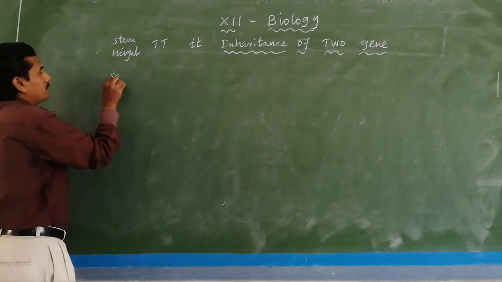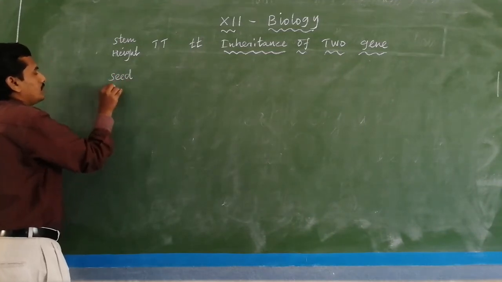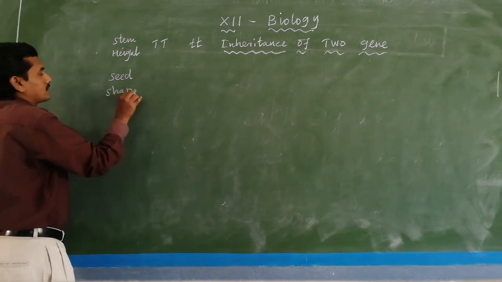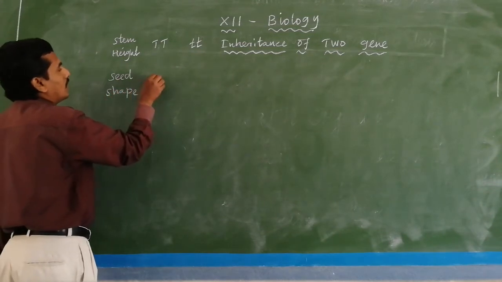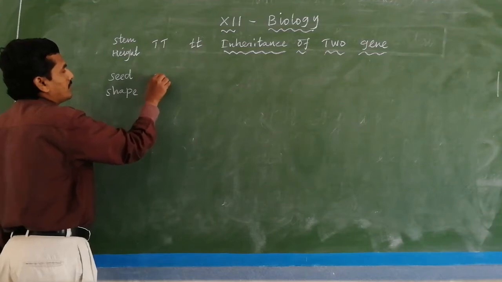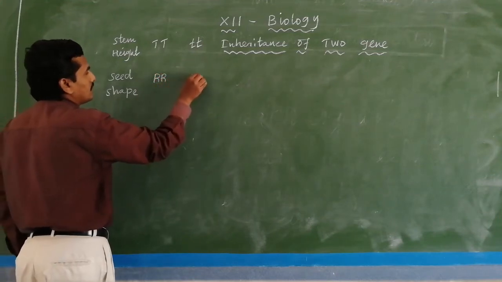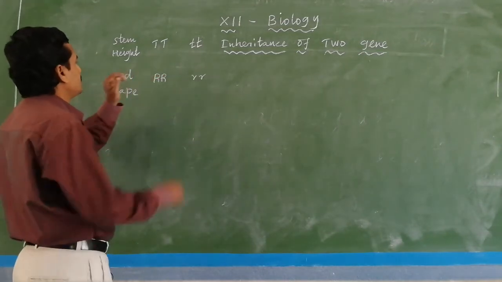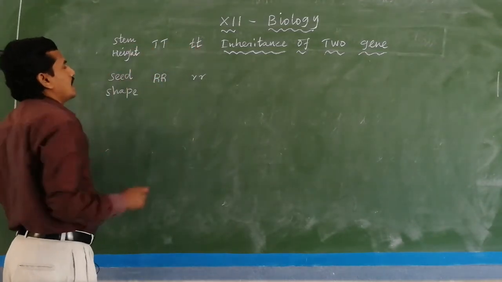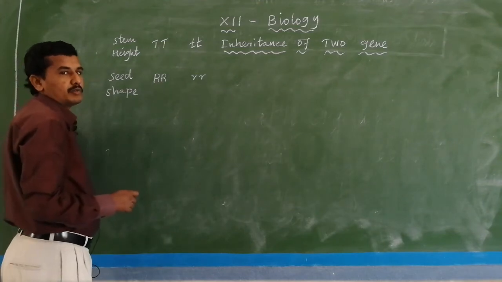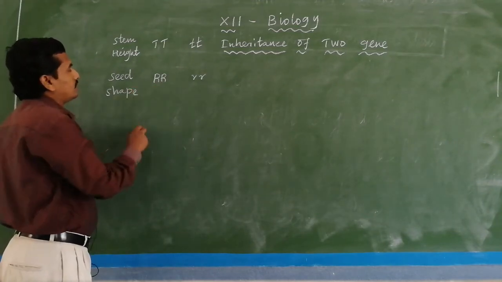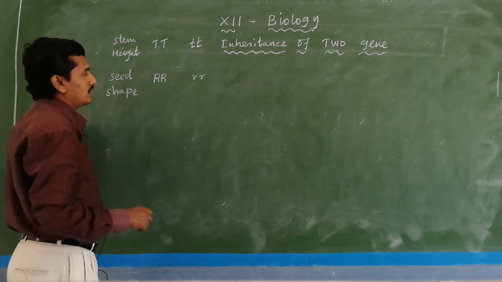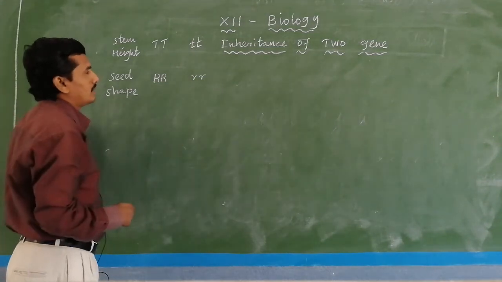And seed shape we take as another character. A round seed is the dominant trait and the wrinkled seed is the recessive trait. Dominant stem height is capital T and the recessive is small t, and for seed shape, dominant is capital R and the recessive is small r.